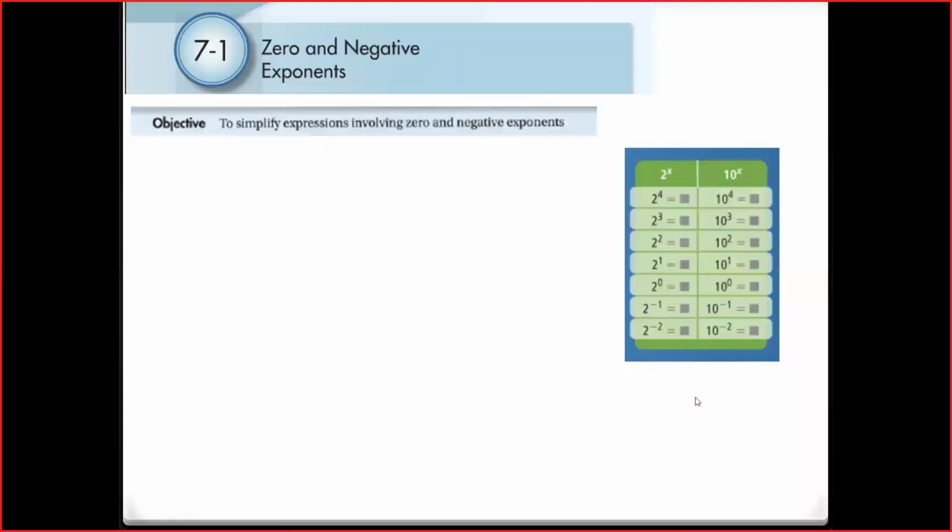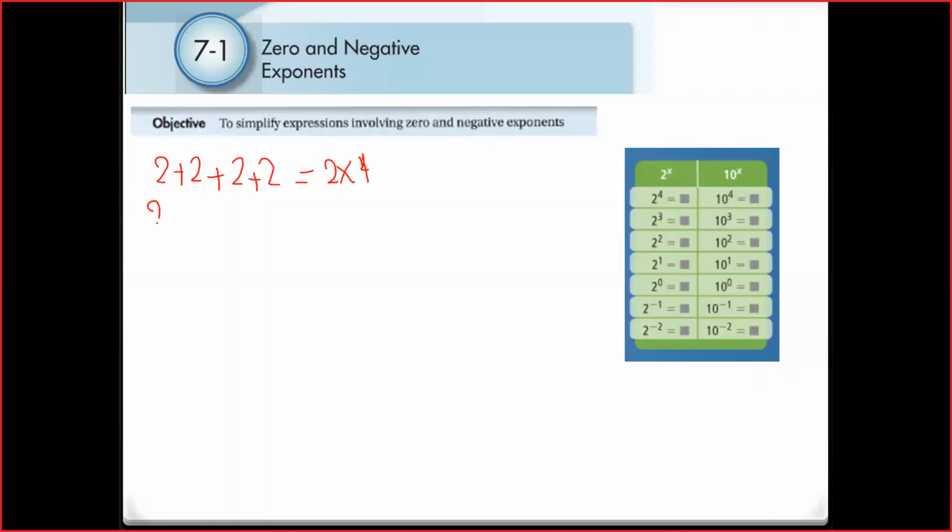Now, we said before, all of you know that if I say 2 plus 2 plus 2 plus 2, if I add 2 four times, it means 2 multiplied by 4. Is it right?